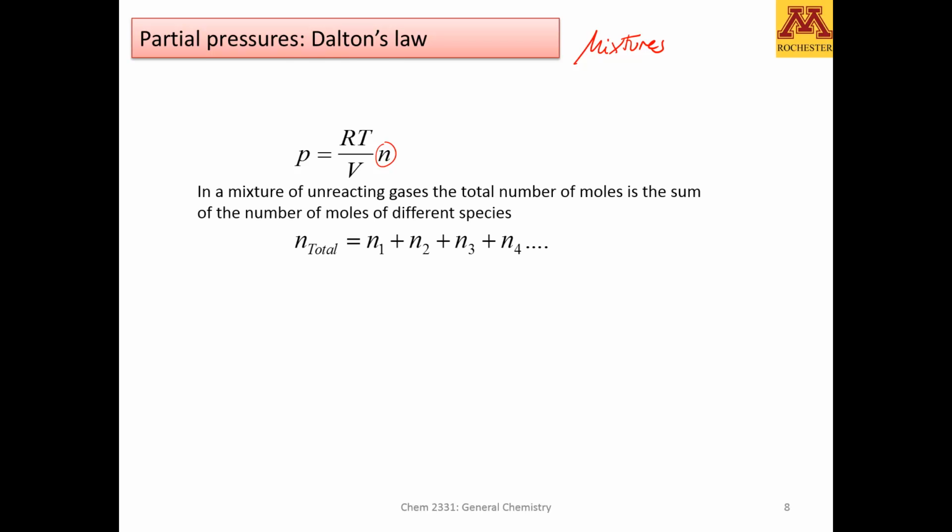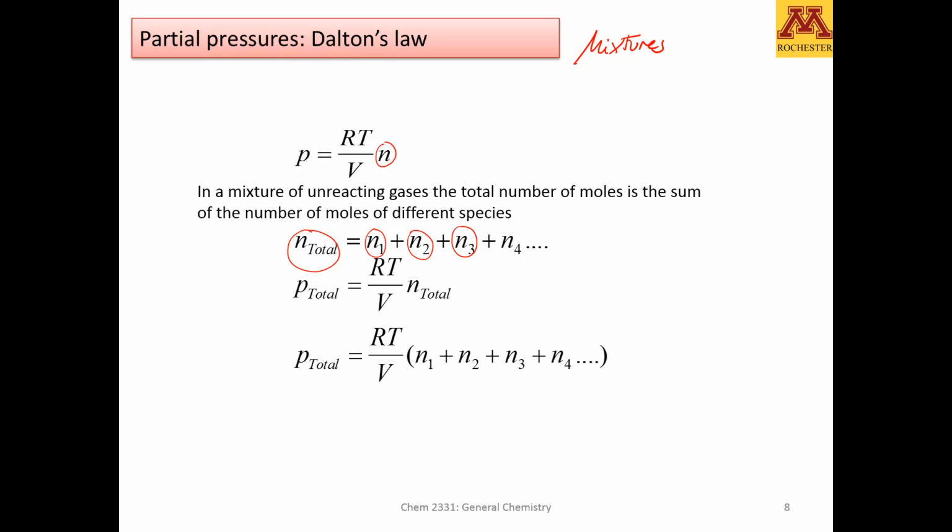When you have a mix of several substances, several compounds in the same gas, in which you have a certain number of moles for one gas, a certain number of moles for the other gas, and a certain number of moles of the other gas, of course, the total number of moles will be the addition of the different moles of the gases. So the good thing is that one can write the ideal gas law. This will be the overall pressure, and this will be the total number of moles.